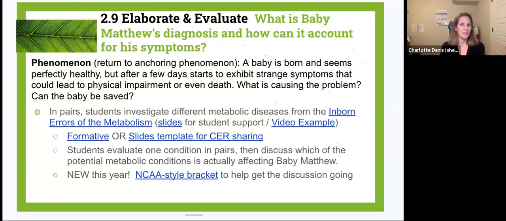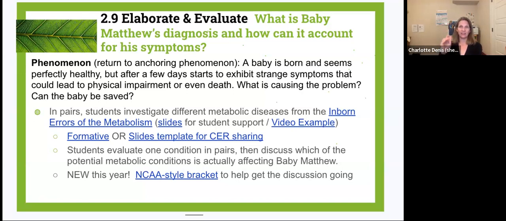All right. So all of this brings us to the last task of the unit, which comes back, and over the course of the unit, I should say that I check in with students at the end of every lesson about how what we have learned could lead us closer to baby Matthew's explanation. Right? So they've tracked that in their INB.